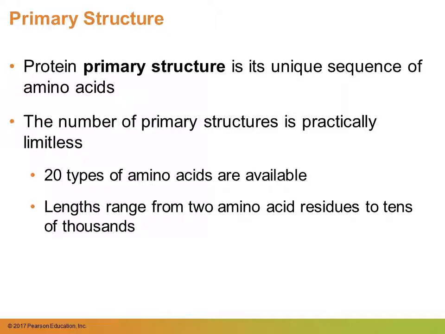We can arrange the letters to make small words and big words, and we can use those words to make sentences. And there's a limitless number of sentences that we can make. You know what? The primary structure is the most important of all the structures, and I promise you, this will also be a test question.